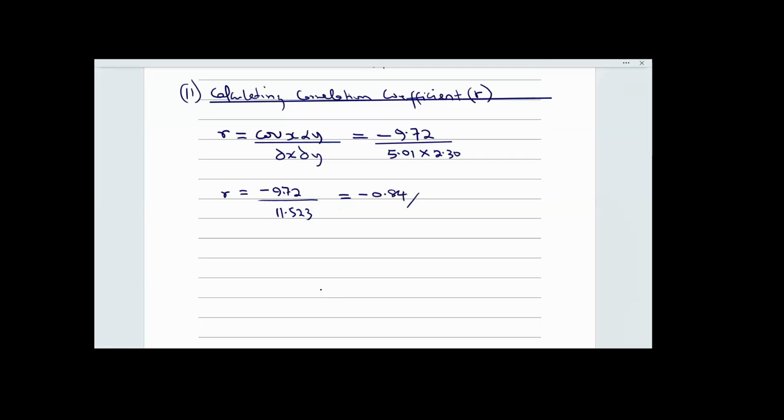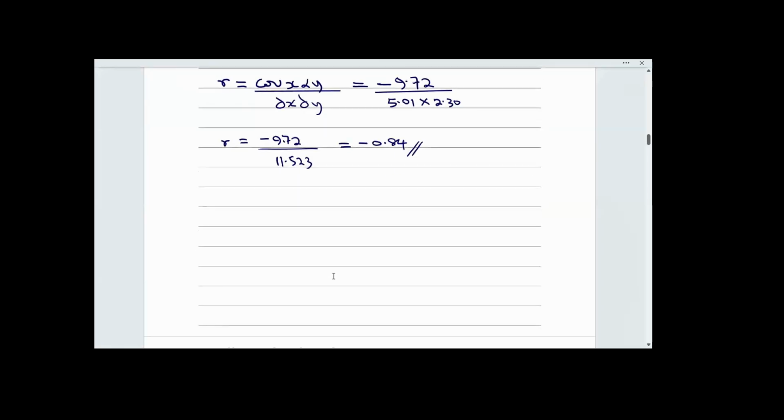So we need to interpret our results. Even if the examiner did not ask you, it is implied. We say the relationship between securities X and Y is highly negatively correlated.